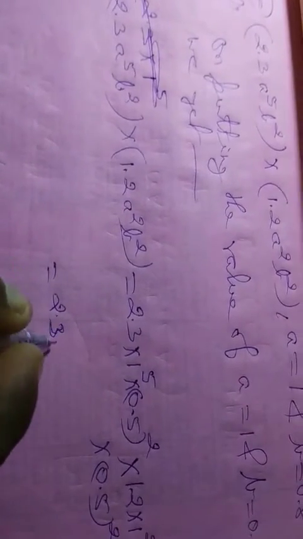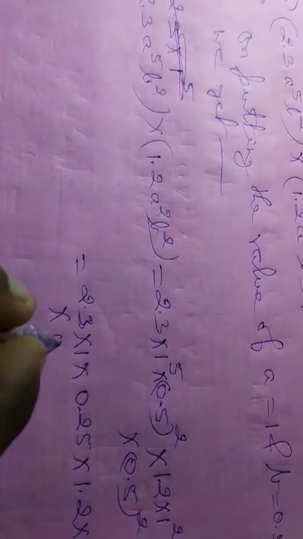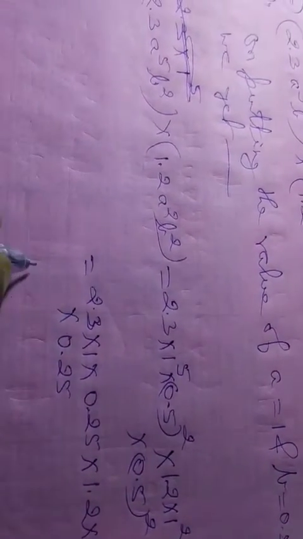So finally, students, 2.3 into 1 to the power 5 is 1, so 0.25 into 1.2 into 1 and 0.25. So we multiply in rough.